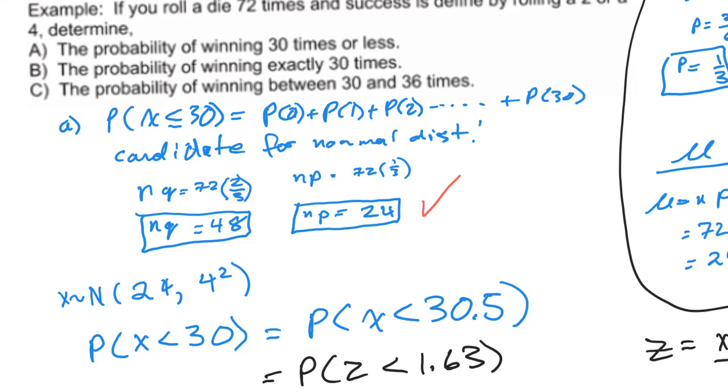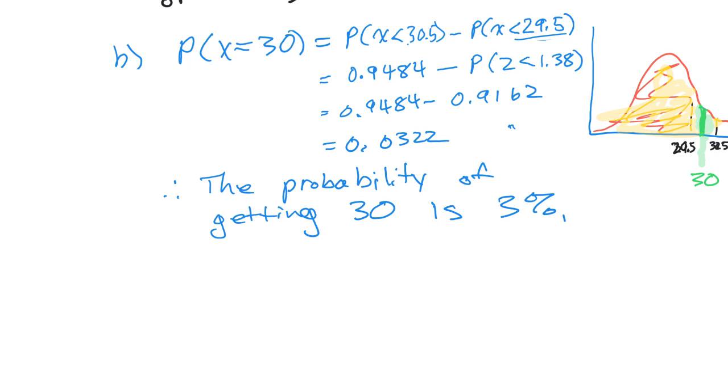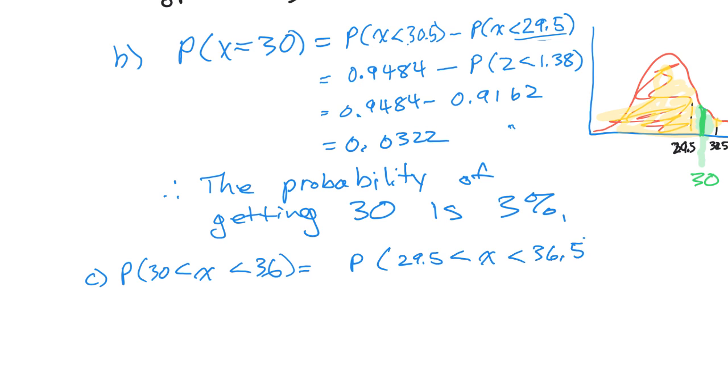So the last problem says, what is the probability of getting between 30 and 36 times? So the probability of getting between 30 and 36 times is this. This is C, the probability of X being less than 36 but greater than 30 is going to equal the probability of, well, 29.5 less than X, which is less than 36.5.